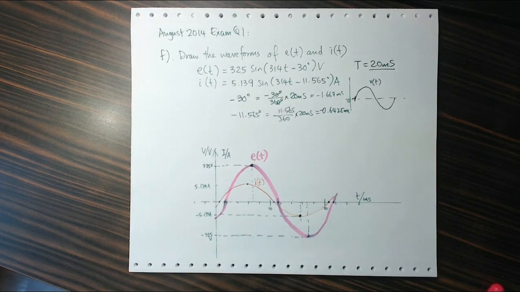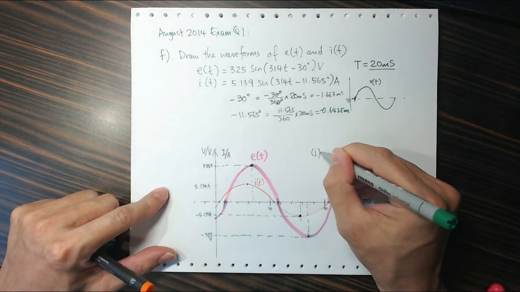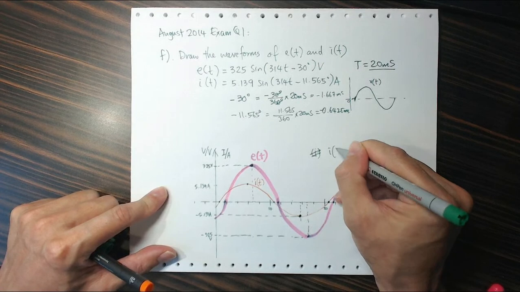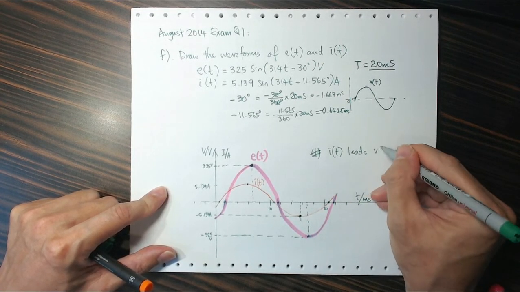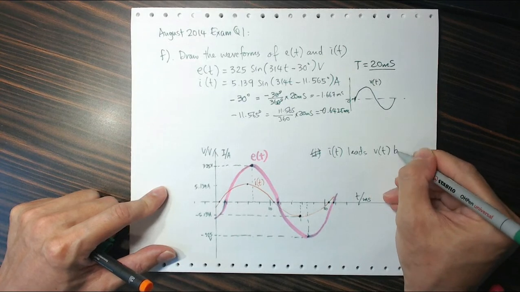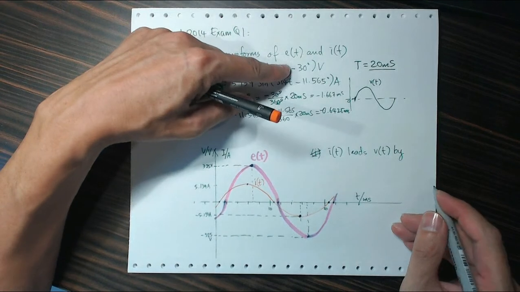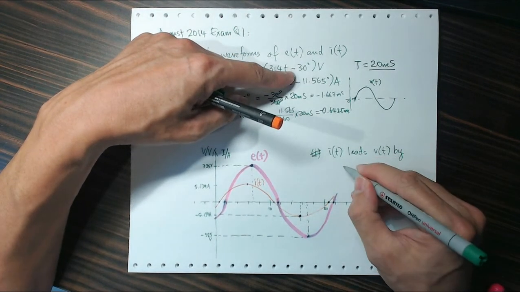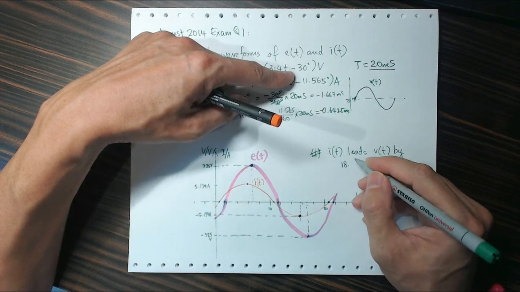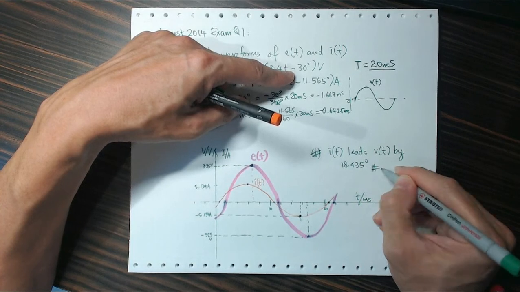Alright, so the two waveforms, if you look at this, you can conclude one thing: the current IT leads VT by the angle difference between these two, that's about 18.435 degrees.